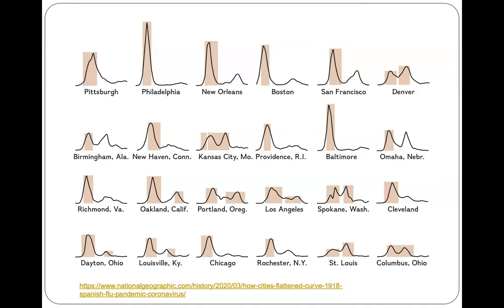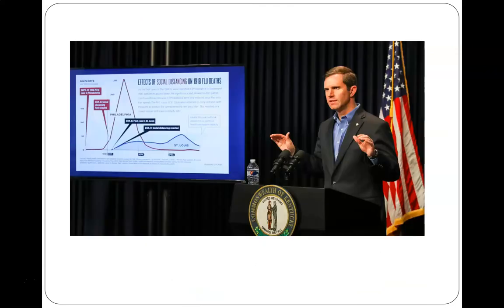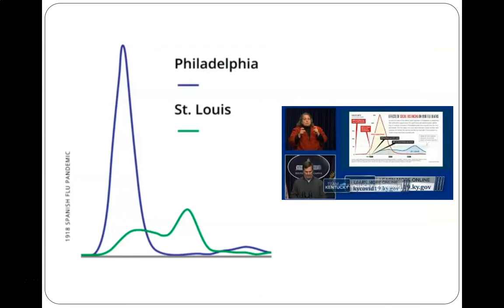And that would be the case now. Our governor often speaks about this figure, the Philadelphia St. Louis figure. So again, if you flatten the curve, in many cases, you can reduce your cases, and you can also reduce mortality because you won't overwhelm the health system.